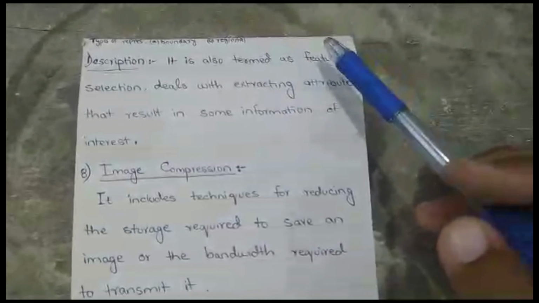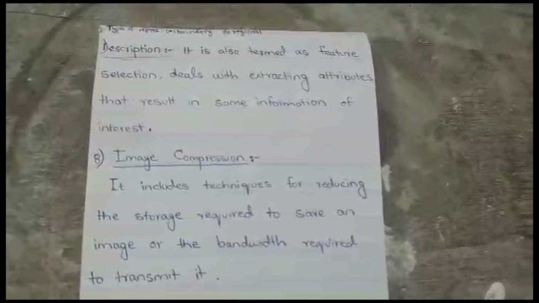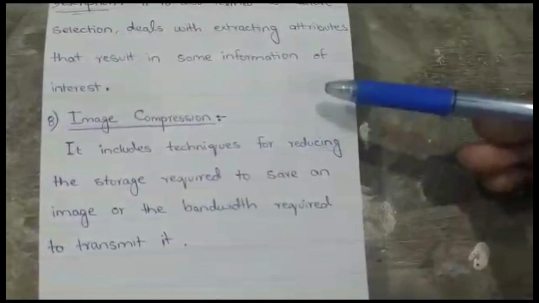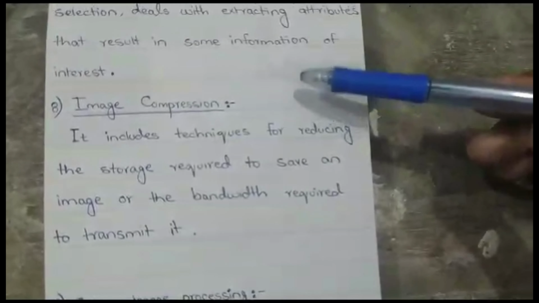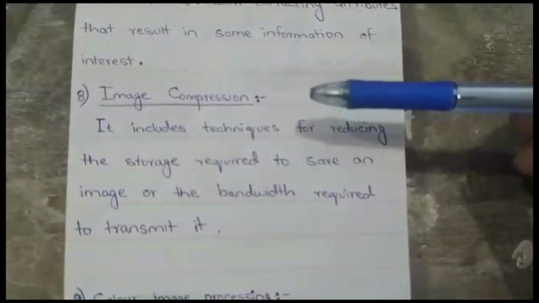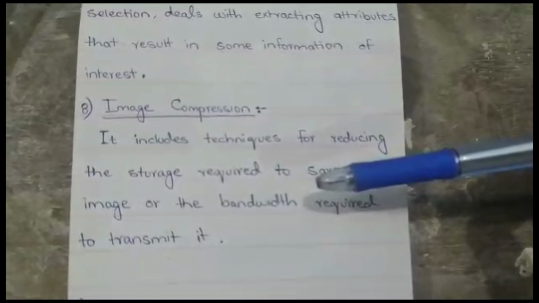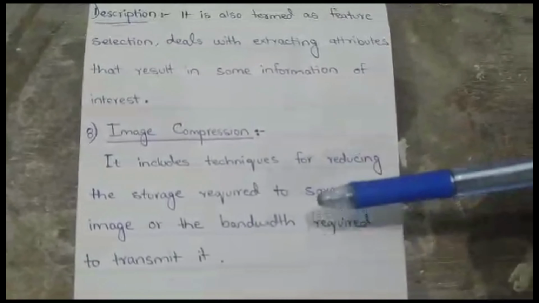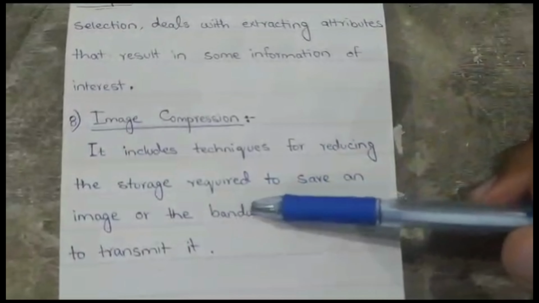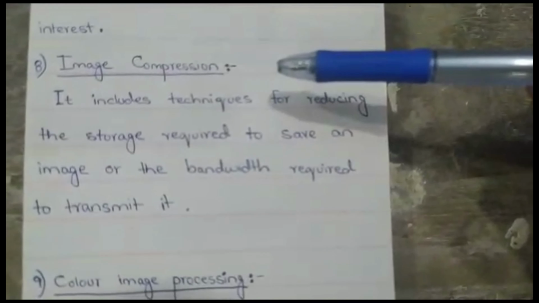Afterward, the next part is image compression. Image compression is nowadays a very famous step. We compress an image due to limited resources, bandwidth or storage. It includes techniques for reducing the storage required to save an image or the bandwidth required to transmit it.